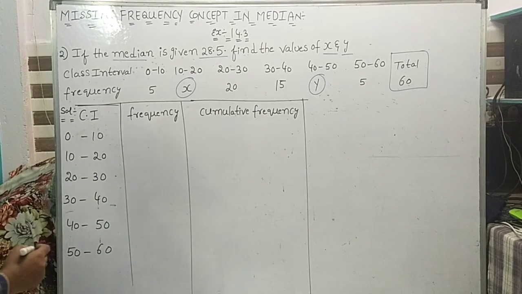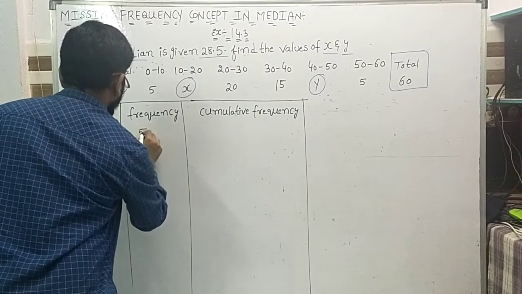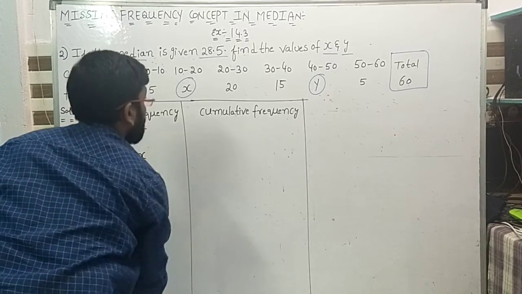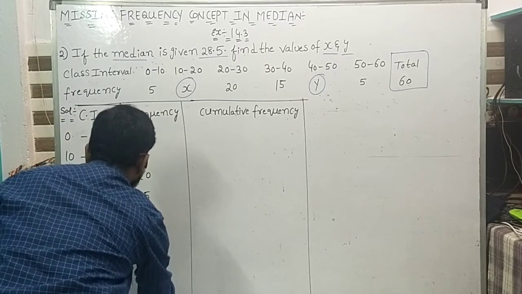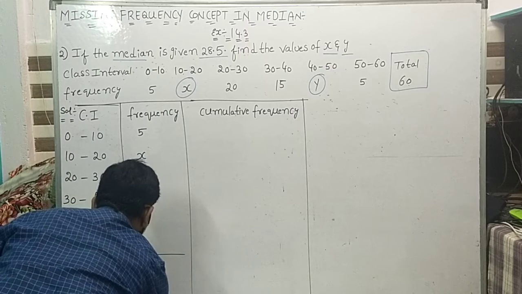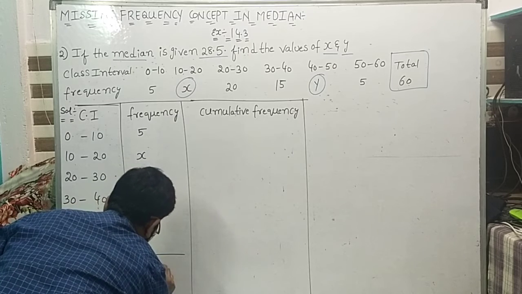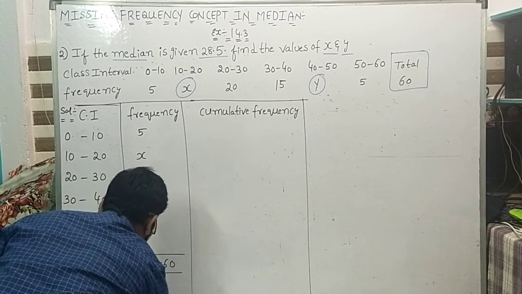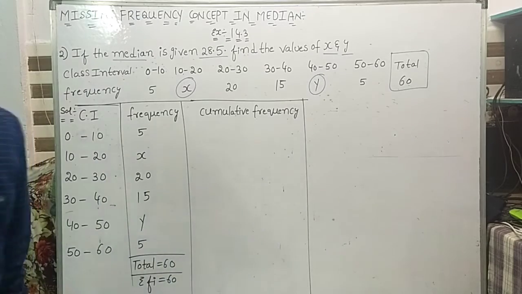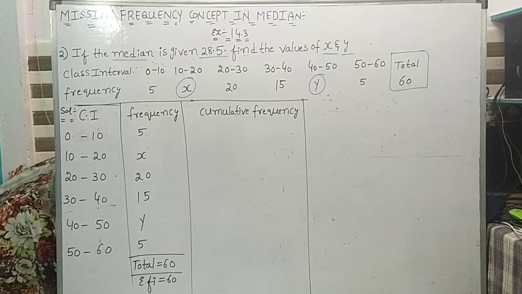Frequency is 5, x, 20, 15, y, 5, and the total is 60. Means sigma fi equals 60.